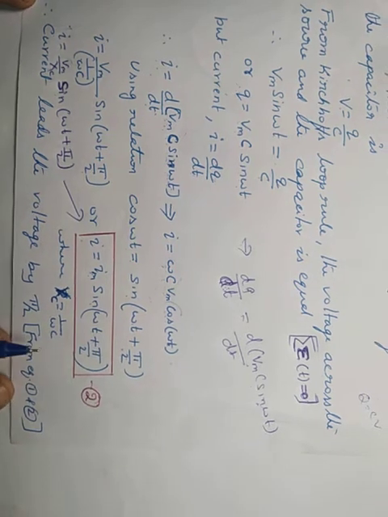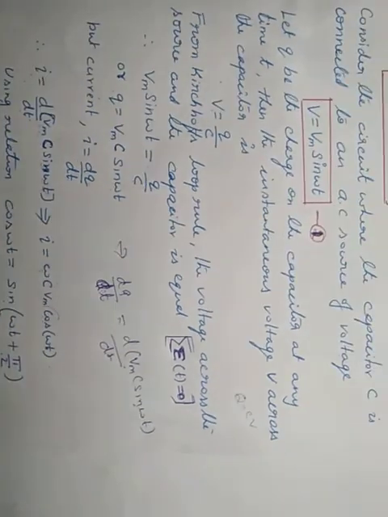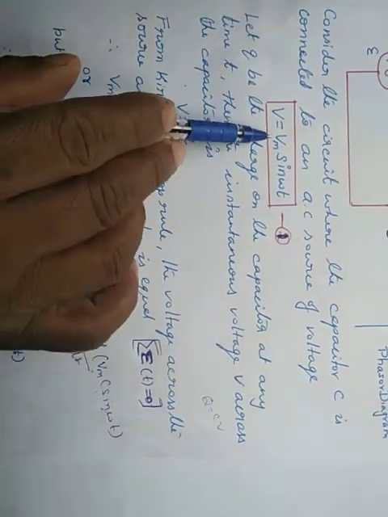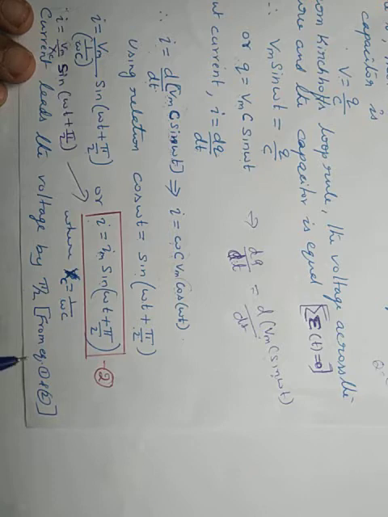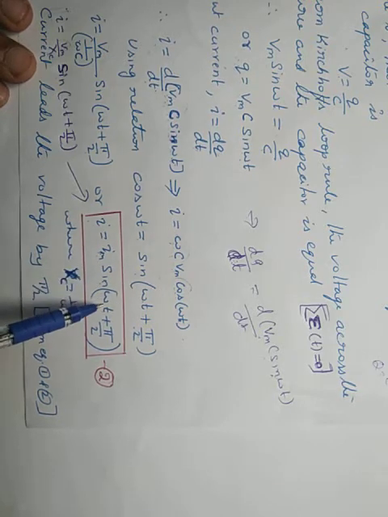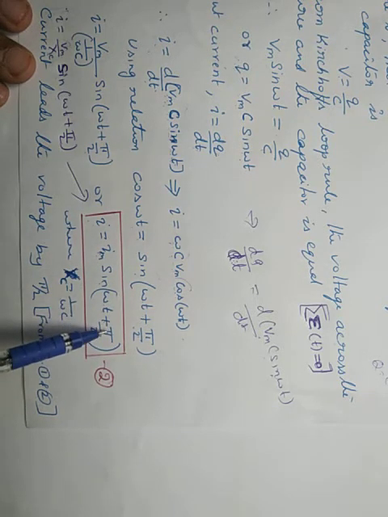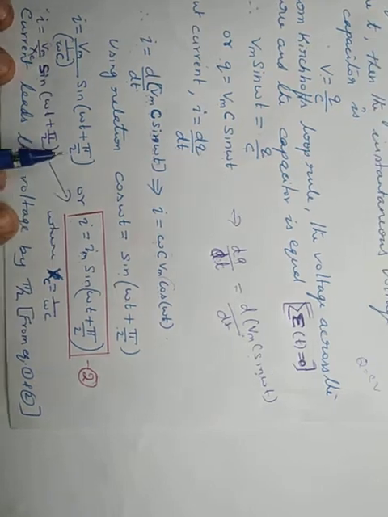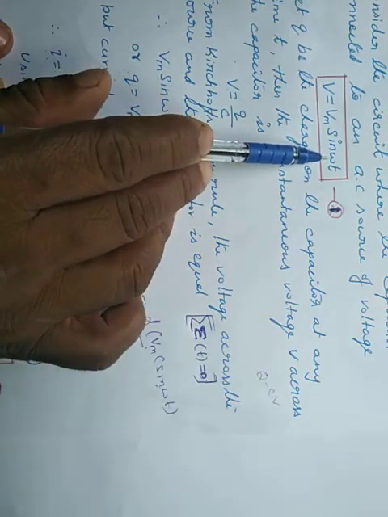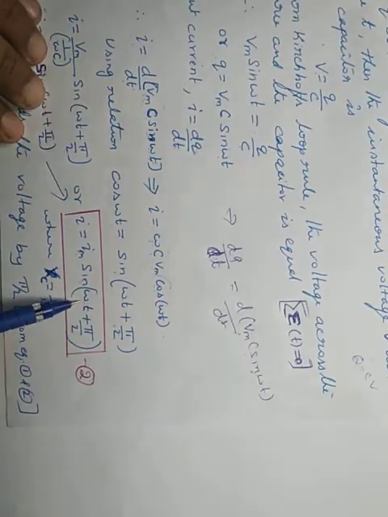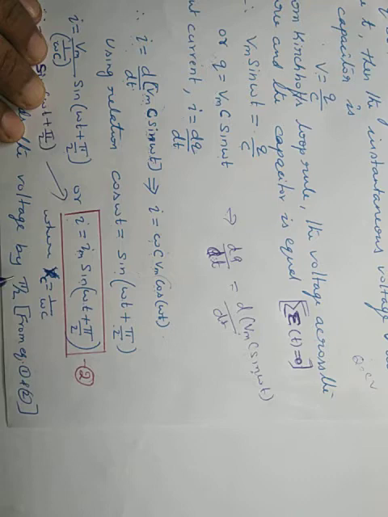Now, compare the two equations. For voltage we have Vm sin omega t, and for current Im sin omega t plus pi by 2. See the phases. Here the phase angle is omega t for voltage, and for the current the phase angle is omega t plus pi by 2.